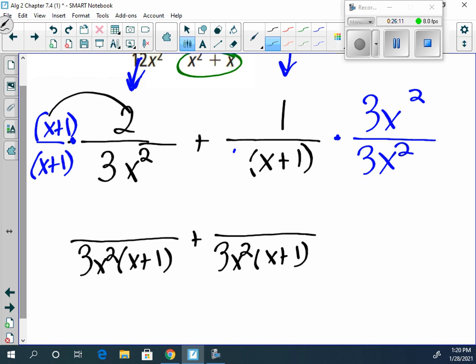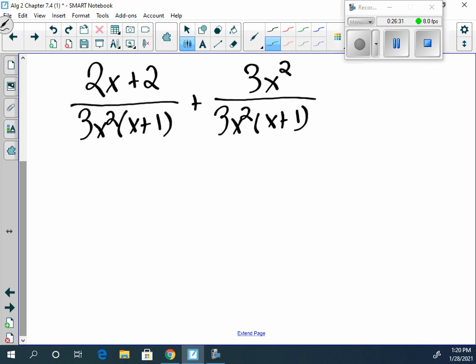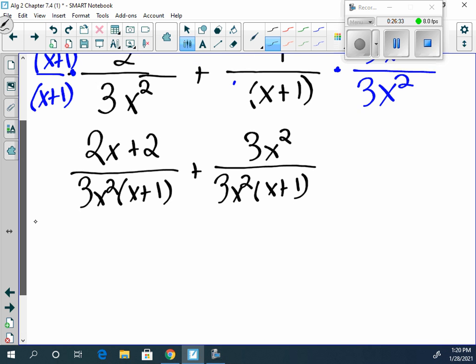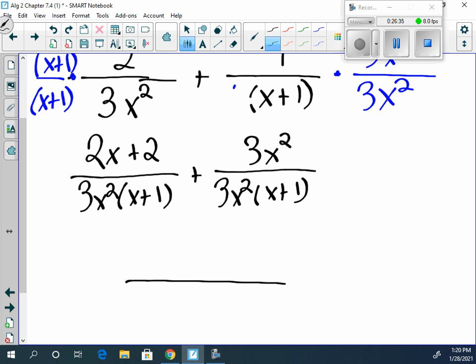Now here in the numerator, we're going to have to distribute the 2. So 2 times x would give us 2x. 2 times 1 would be plus 2. 3x squared times 1 will be, well, 3x squared. Any questions on how we got to this here? Okay.